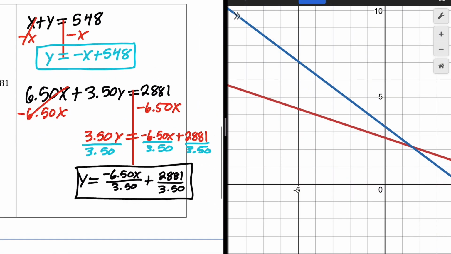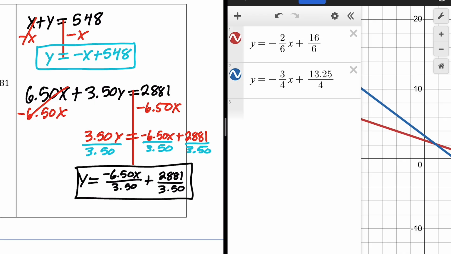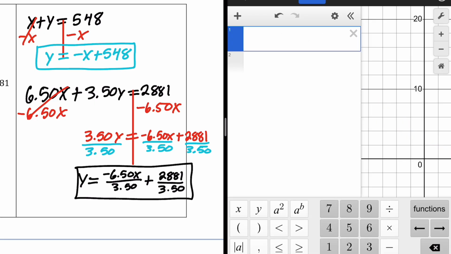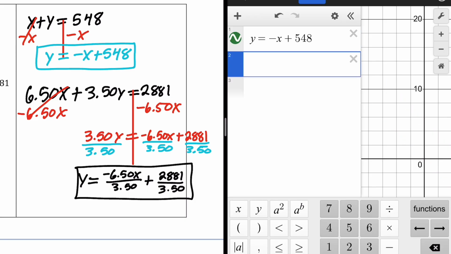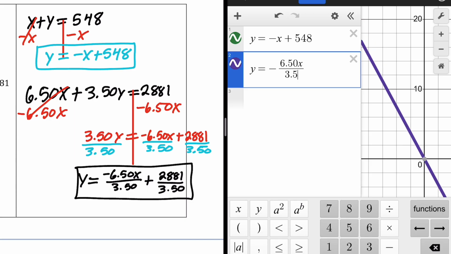Okay, let me get rid of my old equations here. Here's my new one. So y equals negative x plus 548. Y equals negative 6.50x divided by 3.50 plus 2881 divided by 3.50.